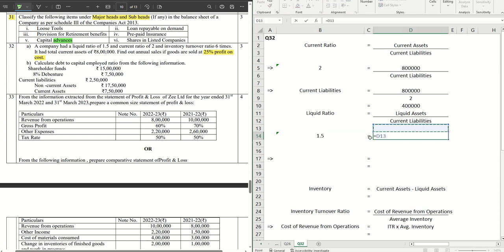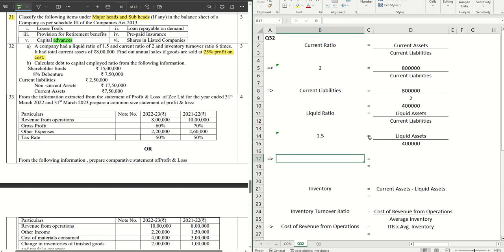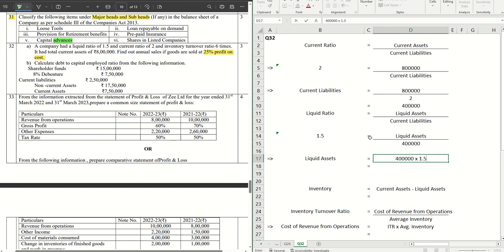Liquid assets we have to find out, we don't know yet. Current liabilities we just calculated as 4 lakhs. So liquid assets will be 4 lakh into 1.5, which gives me 6 lakhs.